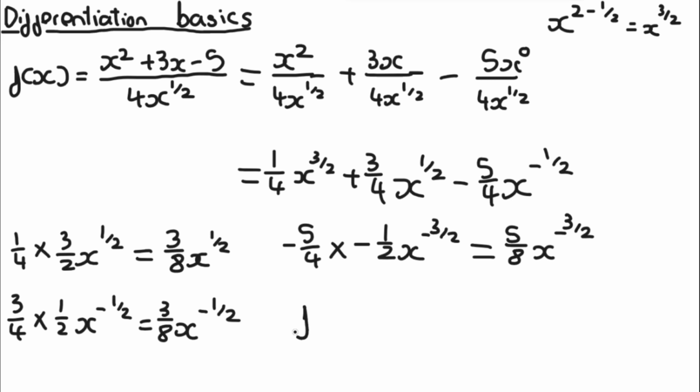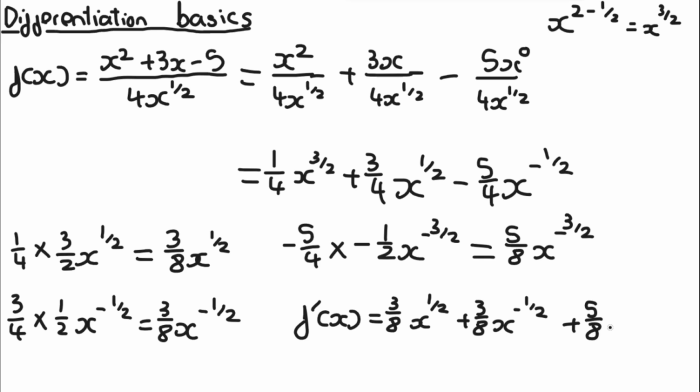So the overall differential, f dash x, is equal to 3 over 8 x to the half plus 3 over 8 x to the minus a half plus 5 over 8 x to the minus 3 over 2, and that's the final answer.